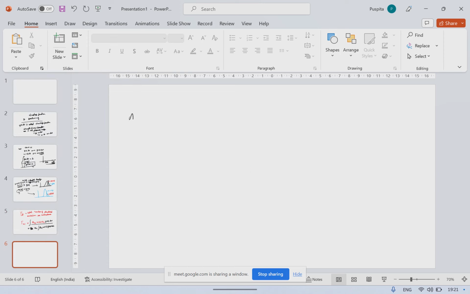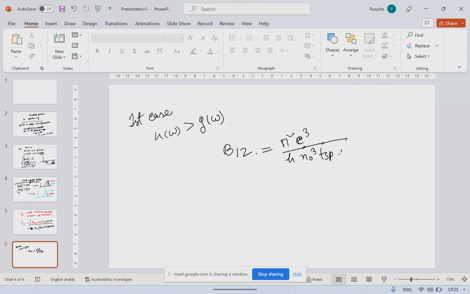Now, the first case, when u omega is broader than g omega, we need to first include the expression of B12. We need to remind that it is pi square c cube h m naught cube tsp and omega cube.